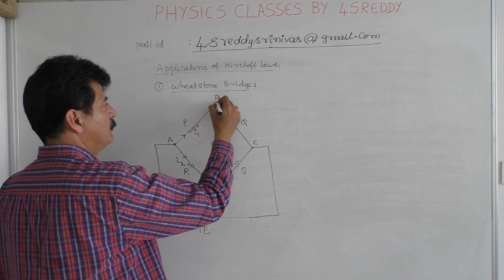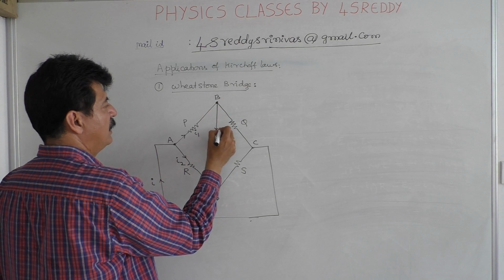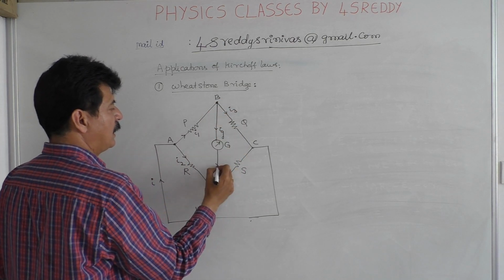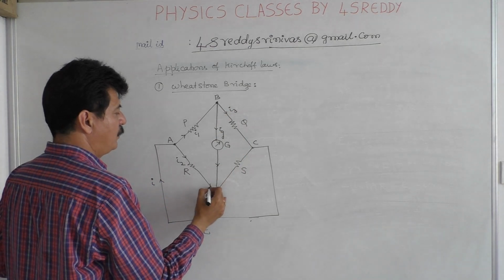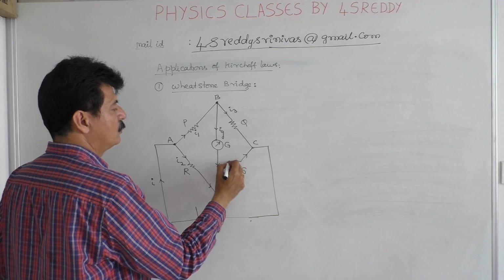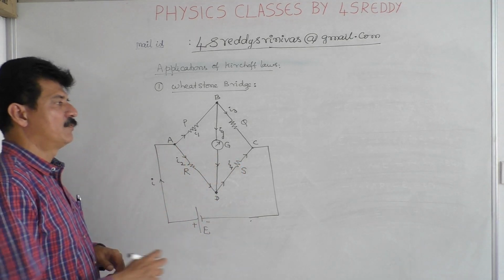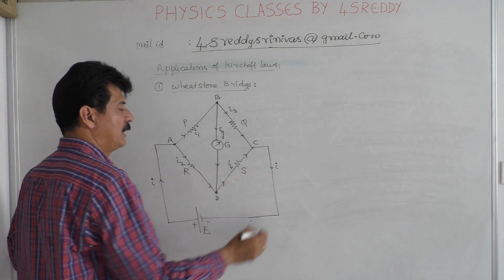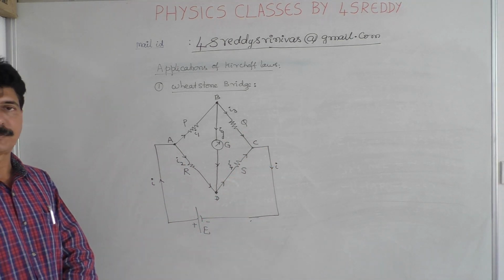At the junction B, the current is divided as IG and I3. The current IG and I2 combine at junction D and flow through S as I4. Again, I3 and I4 combine and flow to the external circuit as I.